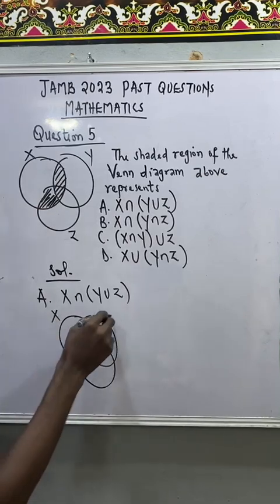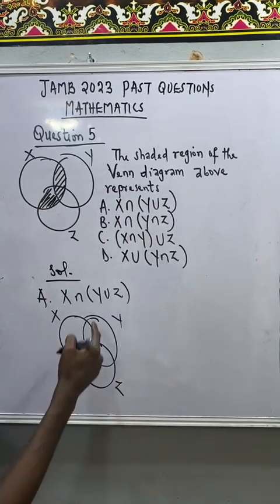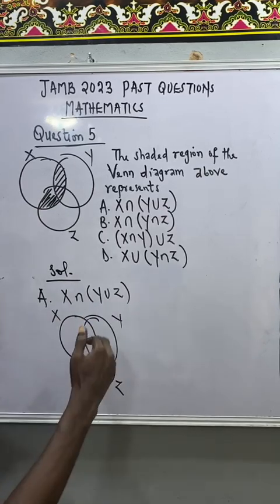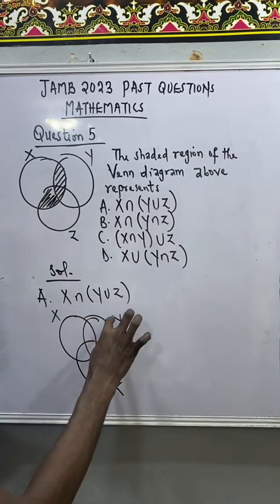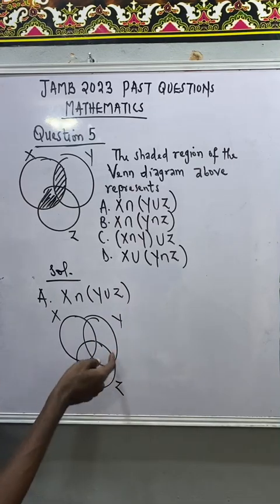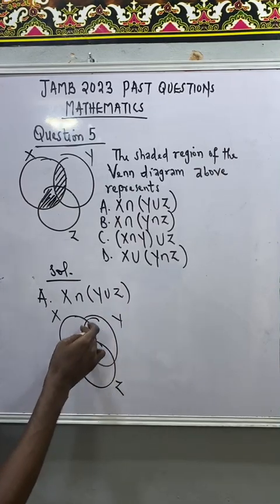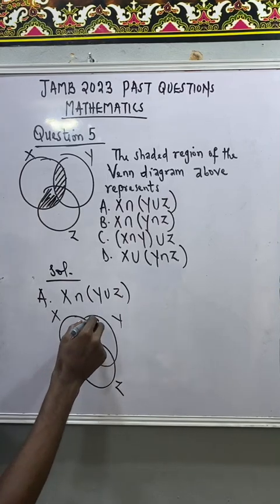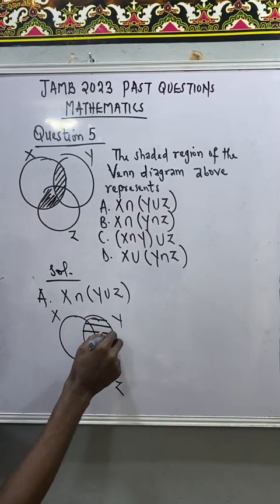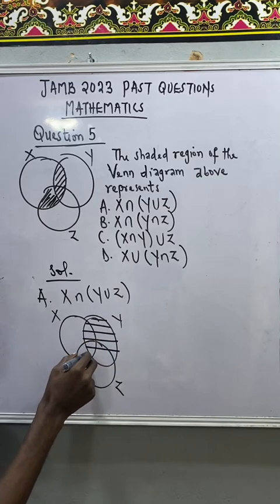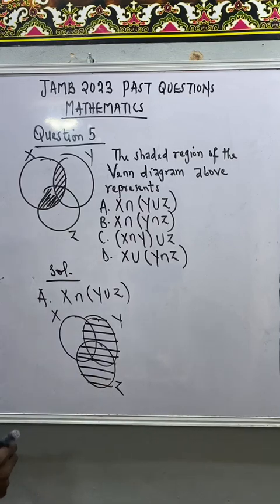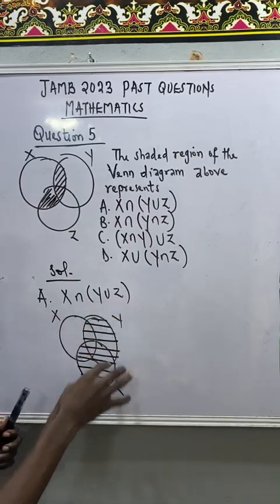This is X, this is Y, and this is Z. We start with the bracket first: Y union Z. Y union Z means the combination of both Y and Z. That means we will shade everything that covers this region. So, this is Y union Z.